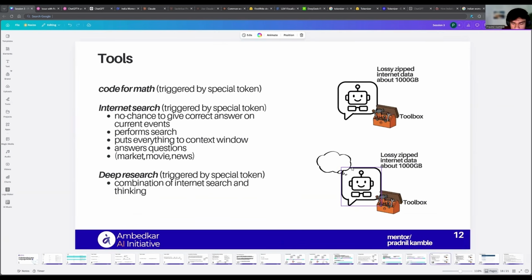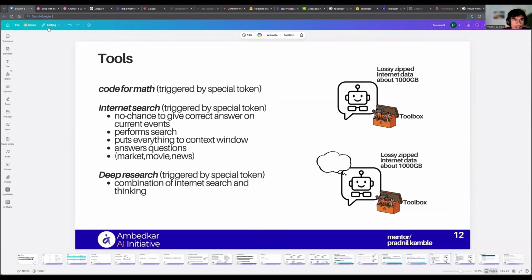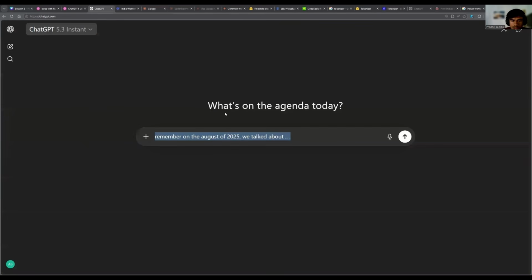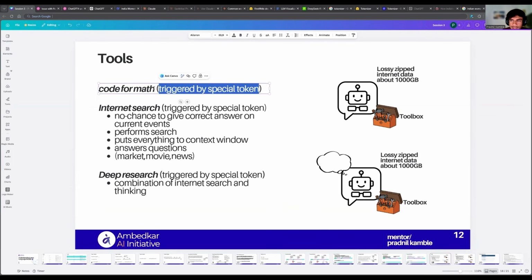With this, I just want to quickly show you some tools that can be used with ChatGPT, with Claude, and with a bunch of other LLMs as well. Especially with Claude, I like these tools, and ChatGPT is also pretty straightforward. How can you use these tools? Here you see, as I said, for math, I would use code. Whenever I have a math problem, I type that problem and try to use code.